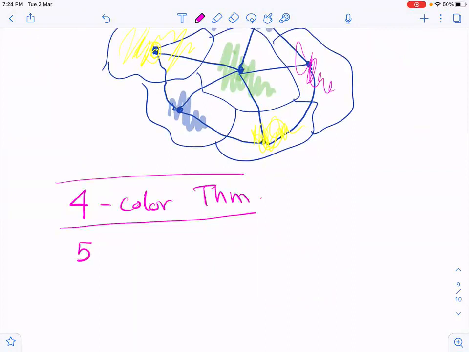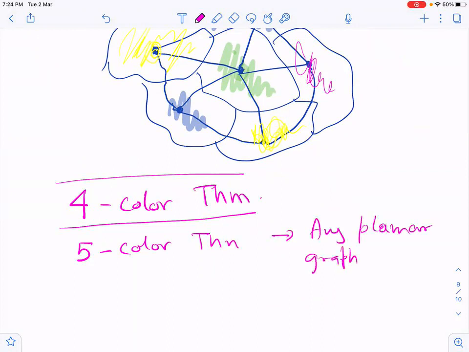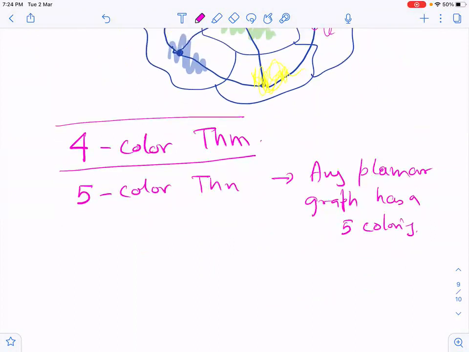A slightly weaker version is called the five-color theorem, which says that any planar graph has a five-coloring. I mean, the chromatic number is at most 5. This is slightly easier, and it is sometimes provable.